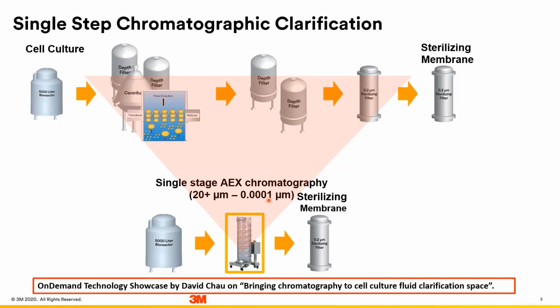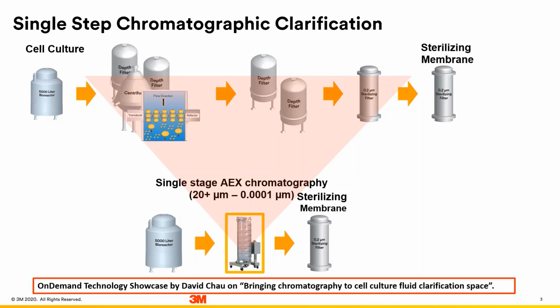So essentially, it's a single stage clarification device. For more details on this technology, I would encourage you to listen to one of the on-demand technology showcases by my colleague David Chow on bringing chromatography to cell culture fluid clarification space.